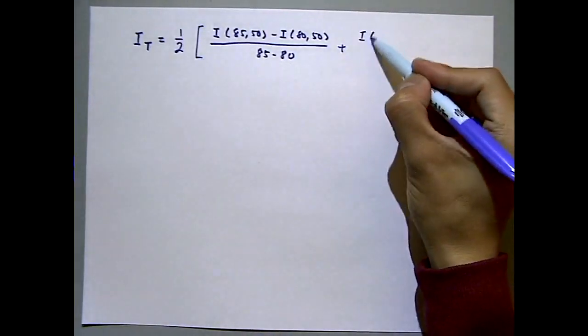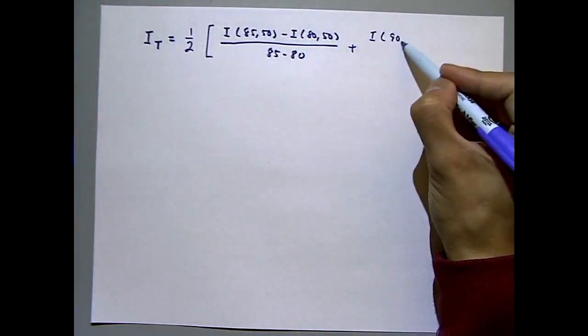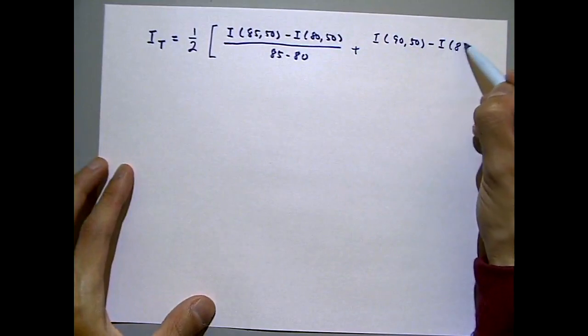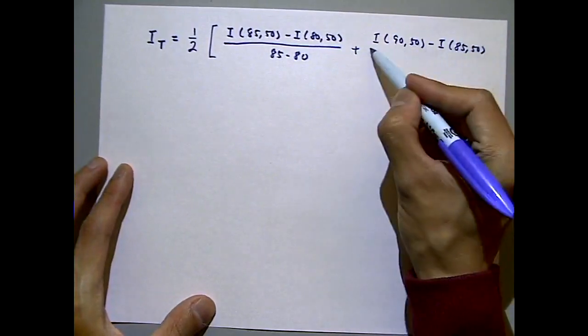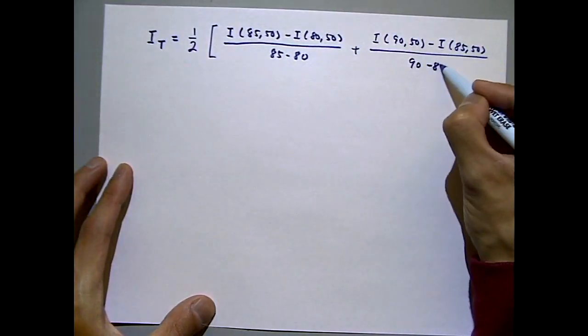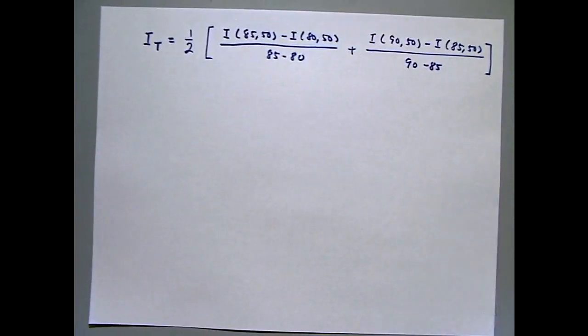So the last point, 90/50, minus I at 85/50, over the change in t. I'm finding two slopes, a slope from one point to another, and then second to third, and then average the two. That's all I'm doing here.